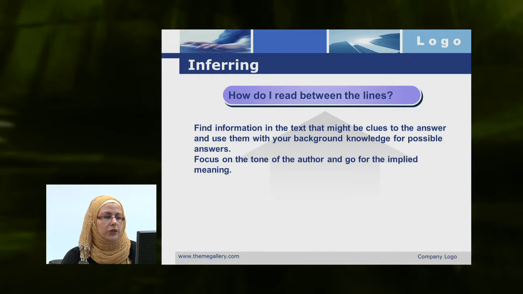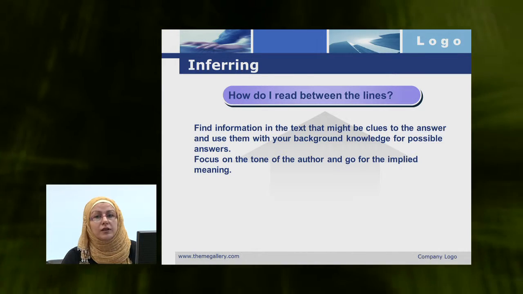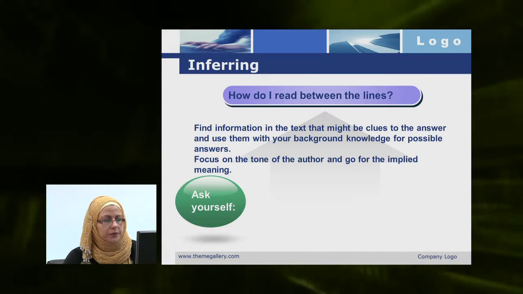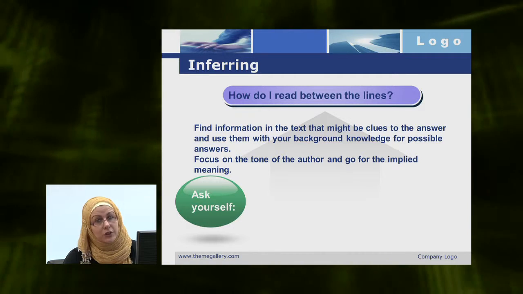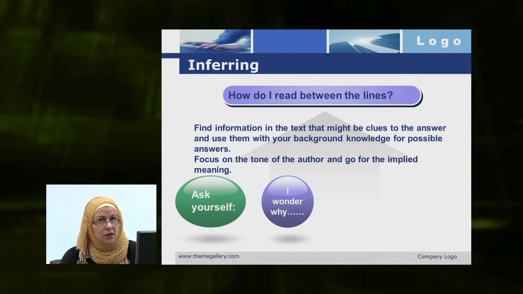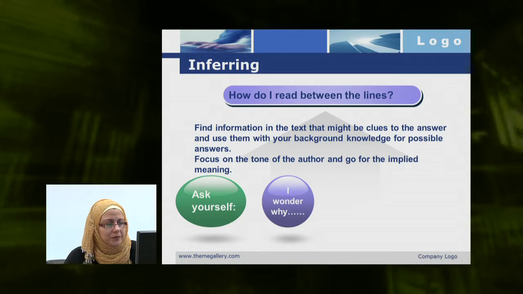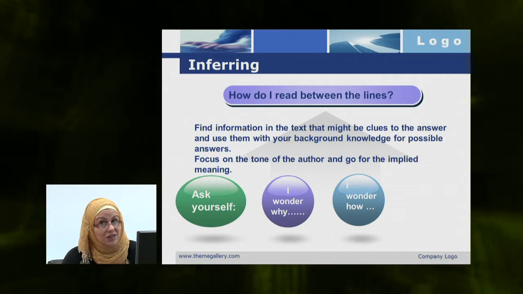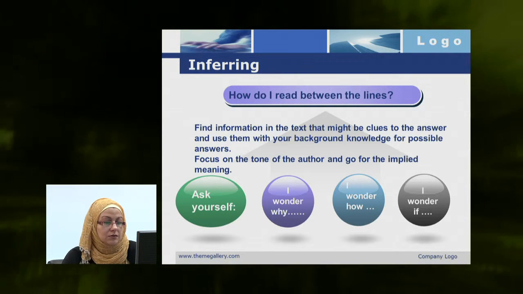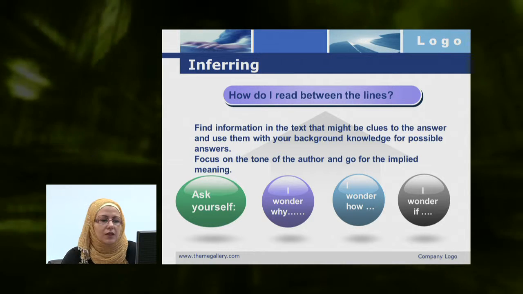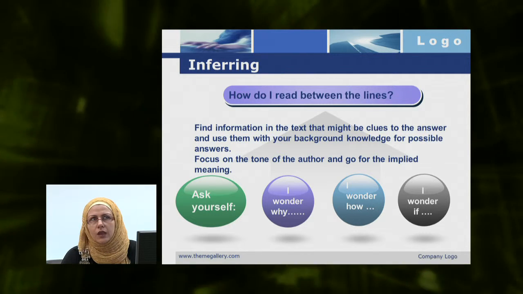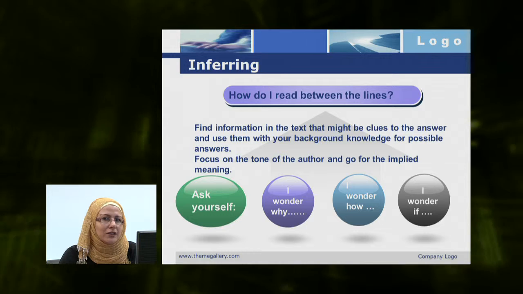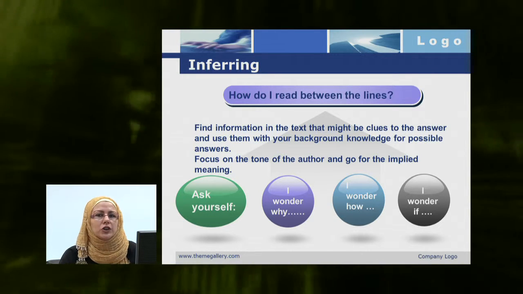Focus on the tone of the author and go for the implied meaning. Ask yourself, I wonder why, I wonder how, and I wonder if. I wonder why, looking for implied reasons for a certain detail in the passage.